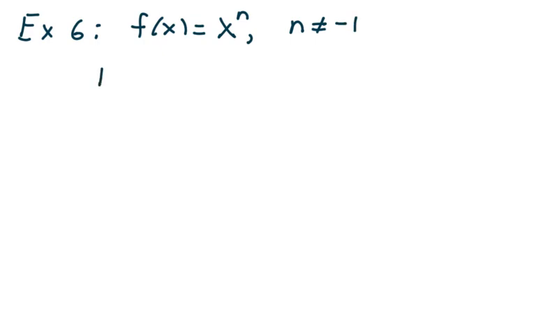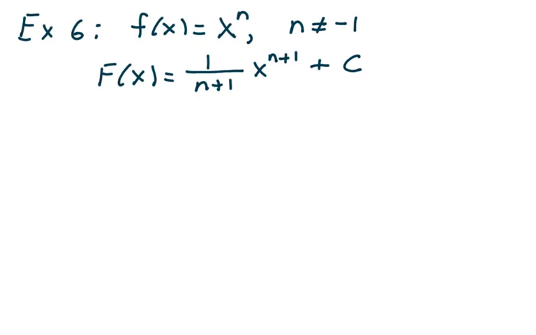And to get capital F of x, you're going to get 1 over n plus 1 x to the n plus 1 plus c. That's how you take the antiderivative of a function where f of x equals x to the n.